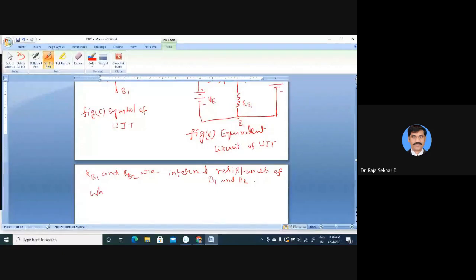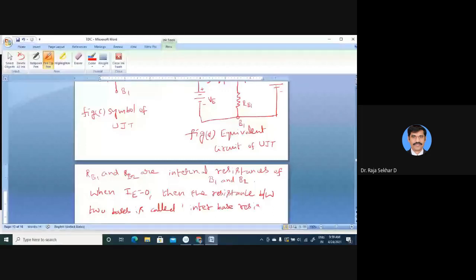Now when IE is equal to 0, the emitter current is 0, then the resistance between the two bases is called the interbase resistance, RBB.